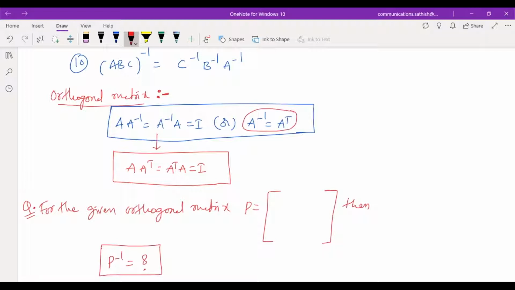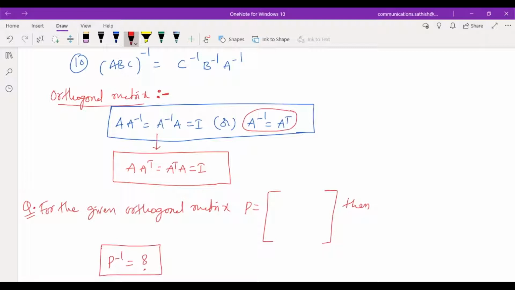So how will you calculate it generally? Adjoint A we will find, sir, then divide by det A.